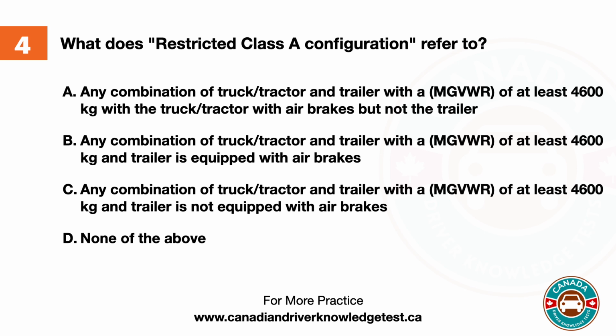C. Any combination of truck/tractor and trailer with a MGVWR of at least 4,600 kilograms and trailer is not equipped with air brakes. D. None of the above. The answer is C. Any combination of truck/tractor and trailer with a MGVWR of at least 4,600 kilograms and trailer is not equipped with air brakes.